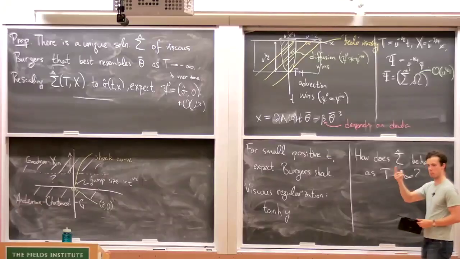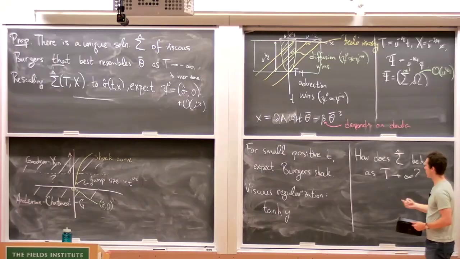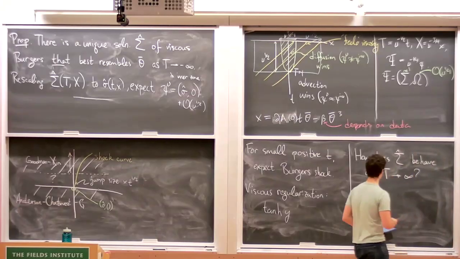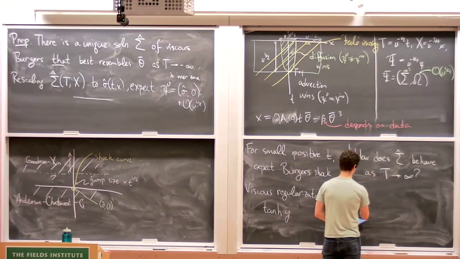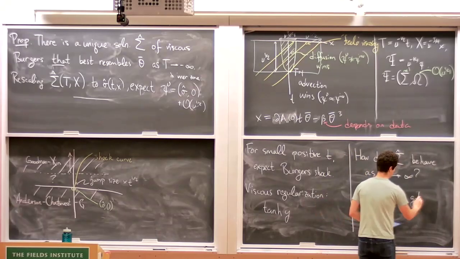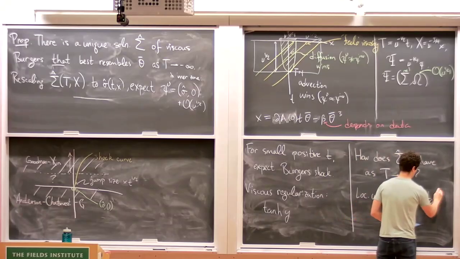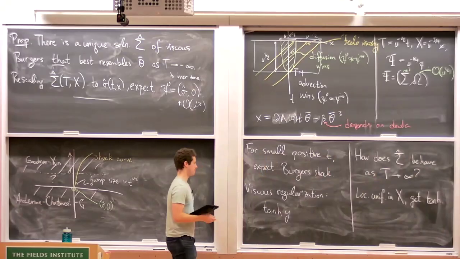Capital T will appear as a parameter in those integrals, and you can formally send capital T to infinity and extract a limit. And you will get a hyperbolic tangent. So locally uniformly in capital X, you're going to get hyperbolic tangent emerging.